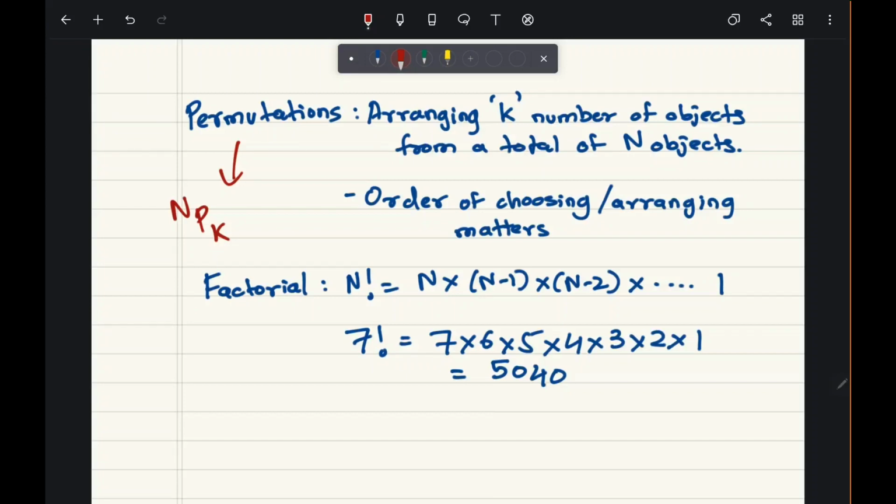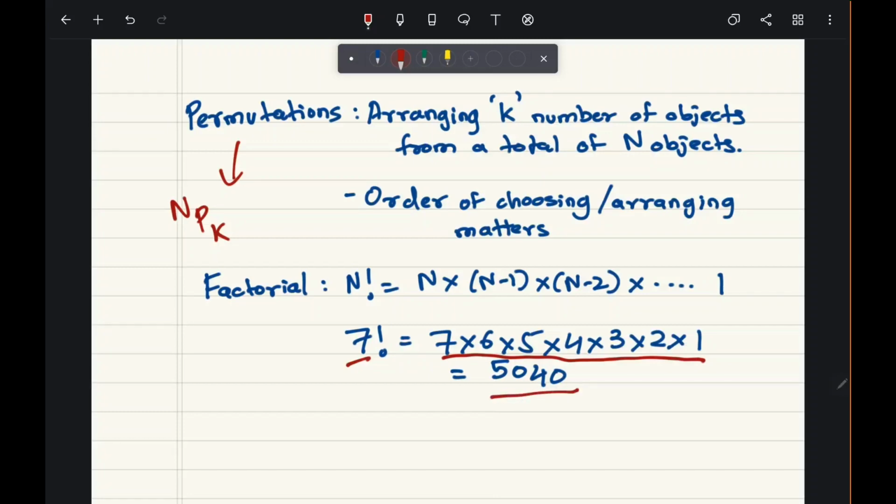It is also important to introduce the concept of a factorial. Factorial is basically an integer multiplied by all of the integers below it up to 1. So if you have, let's say, 7 factorial, it would be 7 into 6 into 5 into 4 and all the way up to 1.